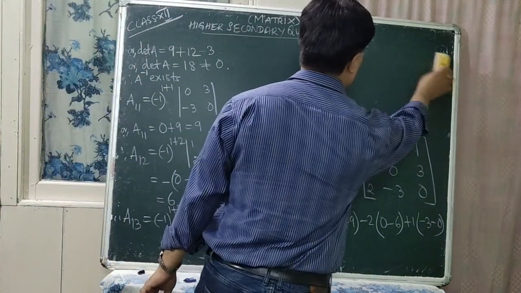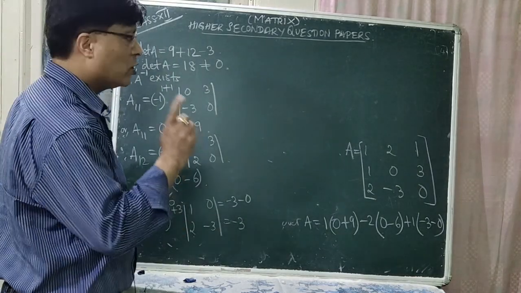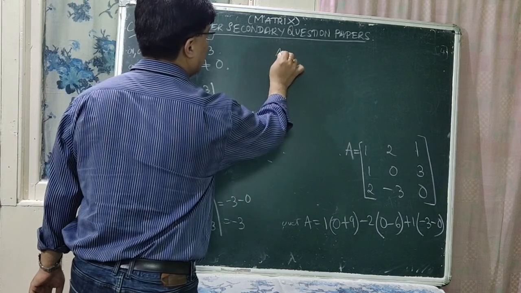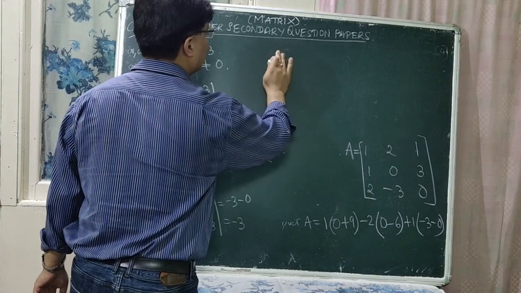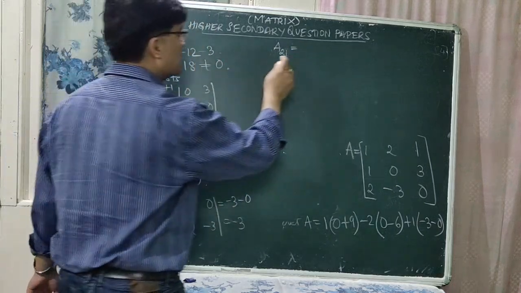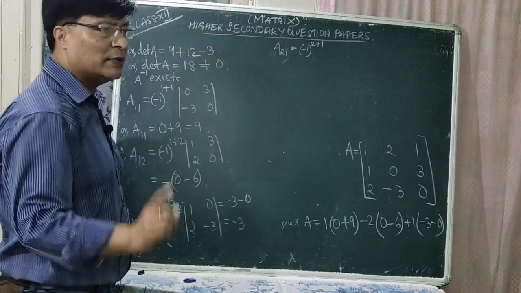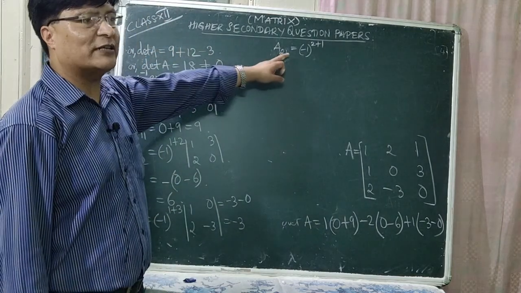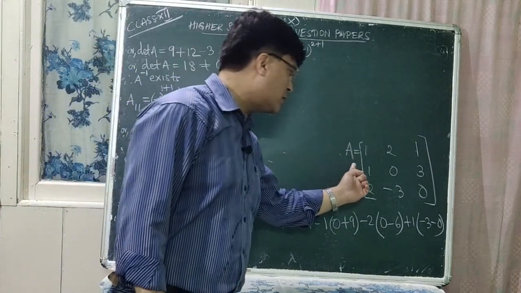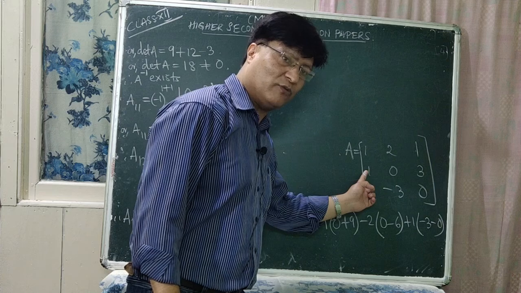Next, what is to be calculated? Cofactor of the next element. That means capital A21. First, consider the sign, minus 1 whole to the power 2 plus 1. A21 means cofactor of the element belonging to the second row and first column. That means 1. You have to get the cofactor of 1.